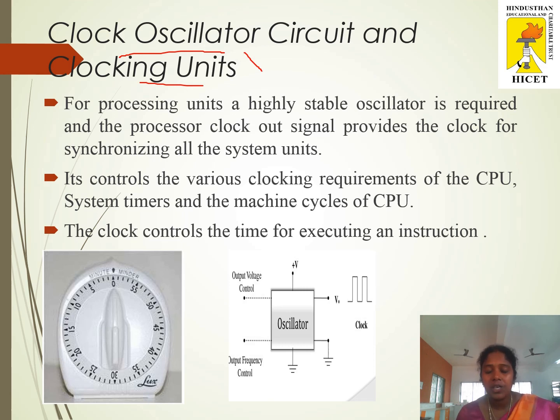The machine cycle operation is used to fetch the information, decode it, execute it and transfer it to the memory unit. These should be synchronized by the clocking signal generated by the clock oscillator circuit. The clocking unit is mainly used to control the time of execution of the instructions. This is the purpose of the clock oscillator circuit and clocking units in an embedded system.